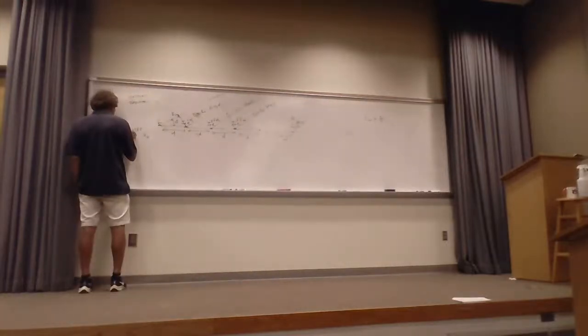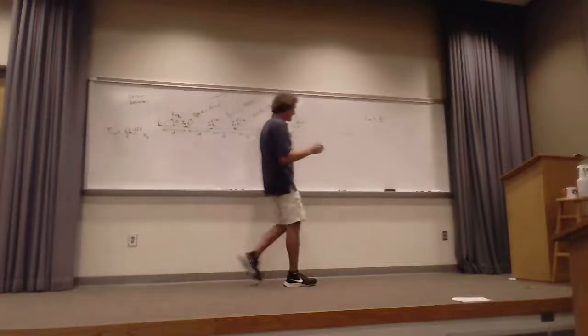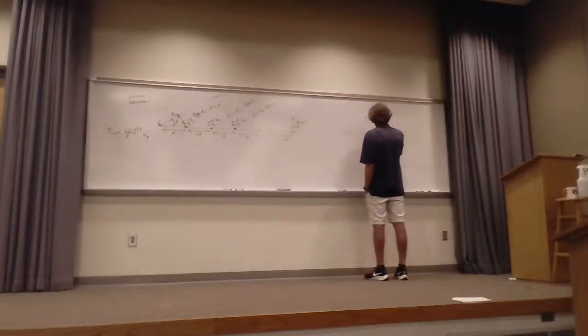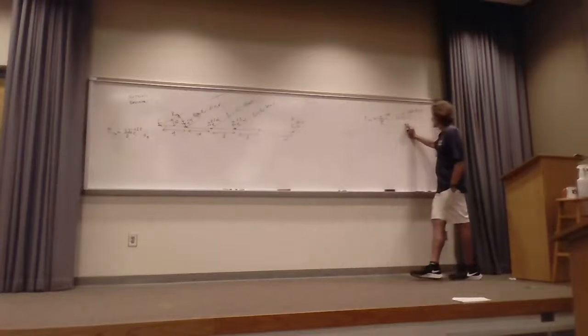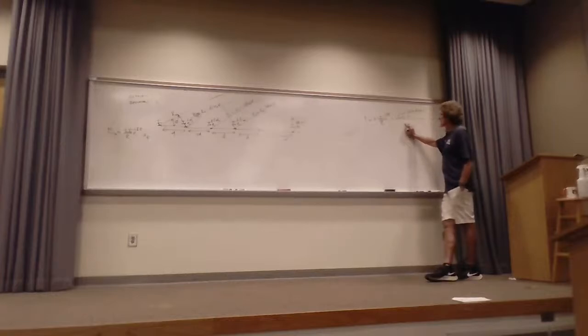That'll make it a little clearer. K I naught times e to the minus j beta r. The next one's going to have the same form, K I naught, but it'll have e to the j alpha, the phase difference, e to the minus j beta, and here it's going to be r minus d cosine of phi, and this whole thing is divided by that r minus d cosine of phi.